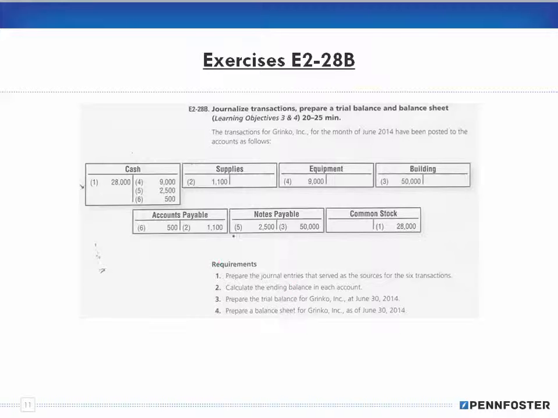Prepare the journal entries. I'm going to be looking for number 1, and I can see that I have a debit to cash for 28,000 and a credit to common stock for 28,000.